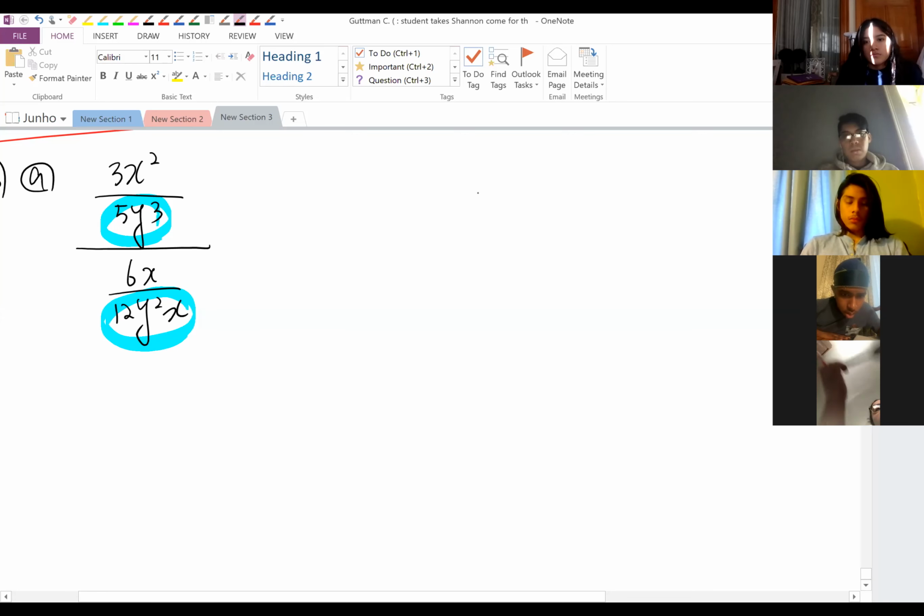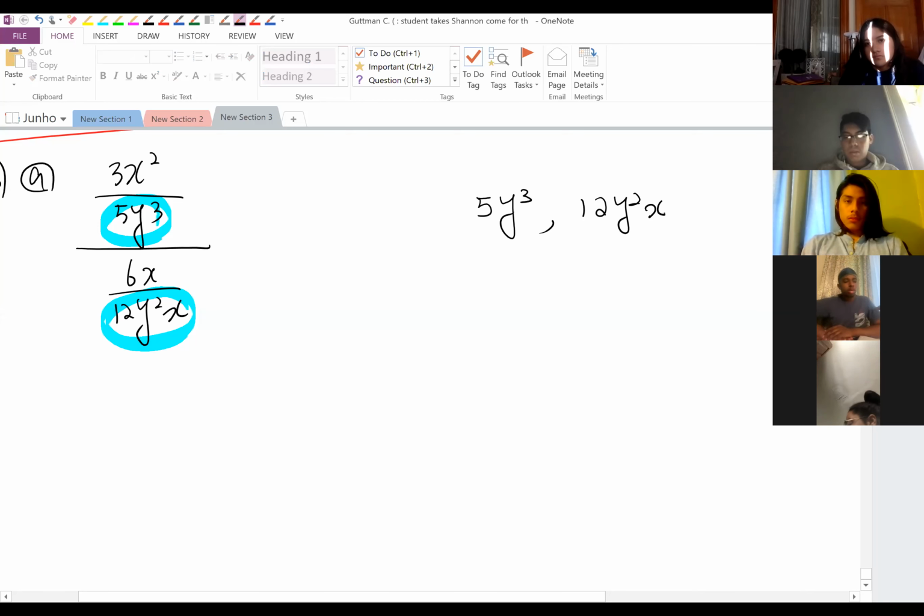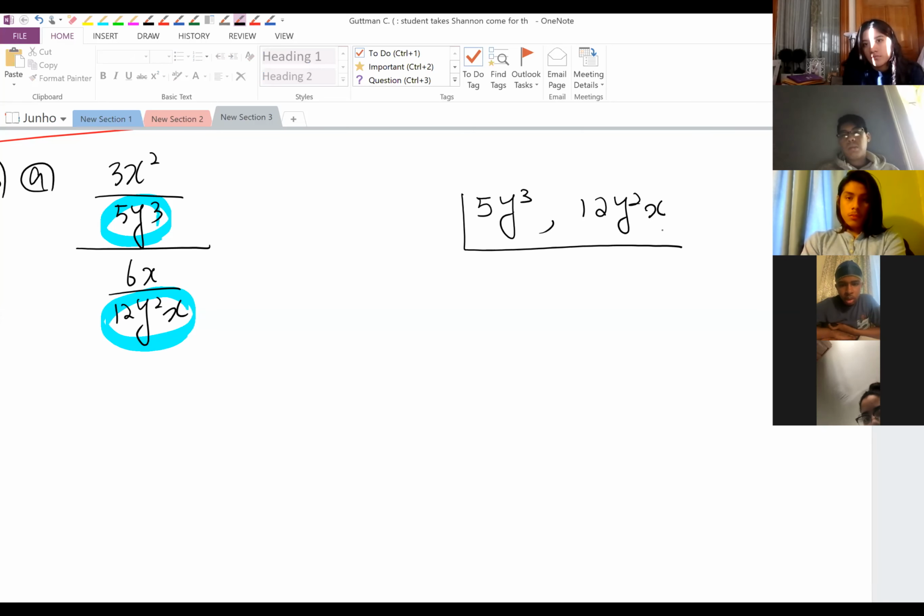So 5y cubed and 12y squared x. Now we are finding the common factor between two monomials here. 5y cubed and 12y squared x. Can you find any common factor? y squared, only y squared, because the numbers don't show any common factor and this one doesn't have an x term.